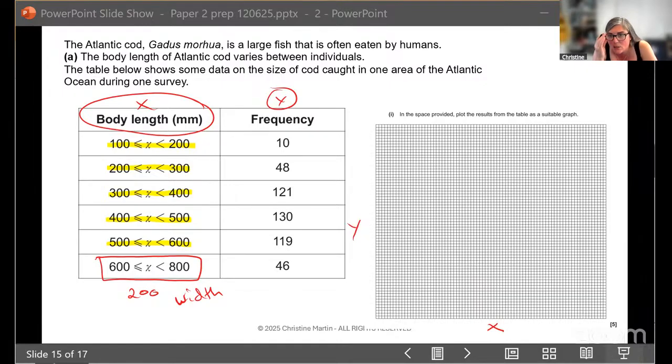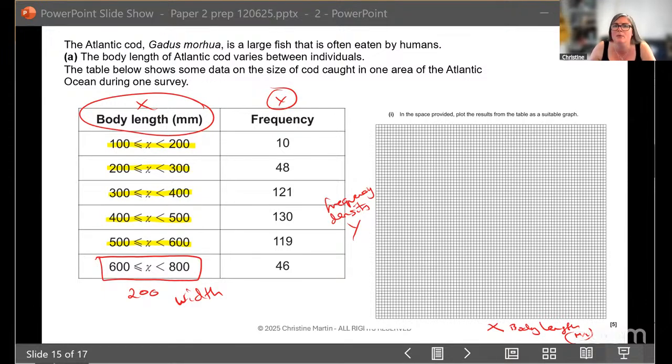Do not skimp with what they've written. Do not abbreviate. So body length in millimeters goes there. We then have our frequency, which is going to go here. You can do frequency or frequency density, depending on what you want to do. It's your choice whether you plot frequency or frequency density.